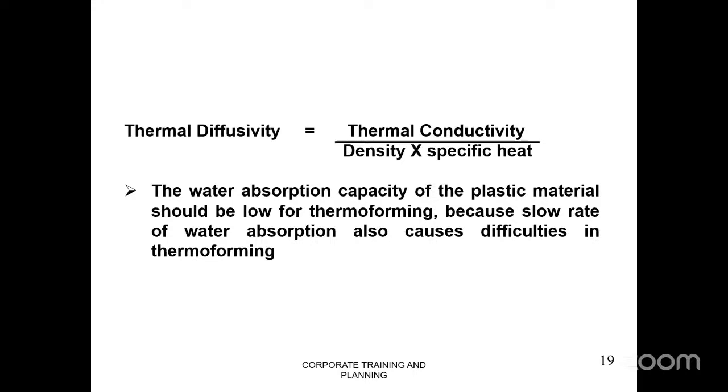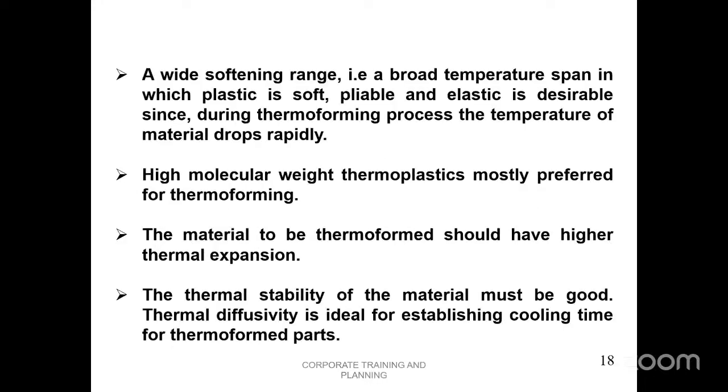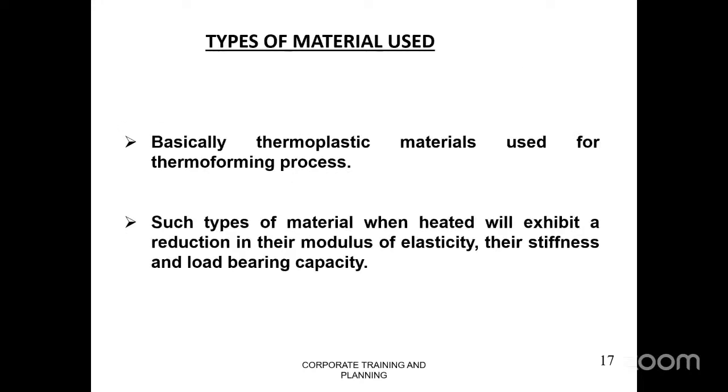Now, I told you about the material. The material should have different types of abilities: high molecular weight, higher thermal expansion, thermal stability, a wide softening range. And I told you only thermoplastic materials can be used for thermoforming. Also, the material should exhibit a reduction in their modulus, the elasticity, their stiffness, and load-bearing capacity.